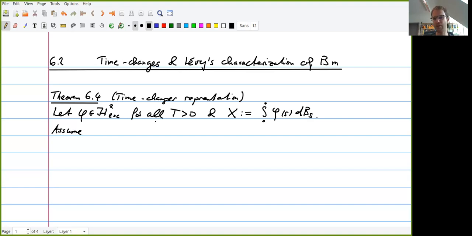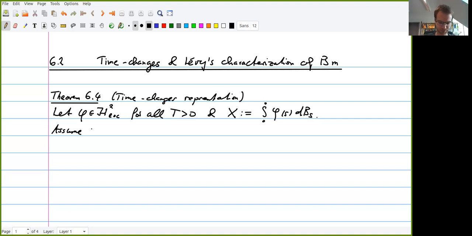Now we have another assumption. In order to be able to time change this x into a Brownian motion, we need to ensure that phi is somehow not zero. Because if phi were constantly equal to 0, there's no chance that we can time change this process and turn it into a Brownian motion.